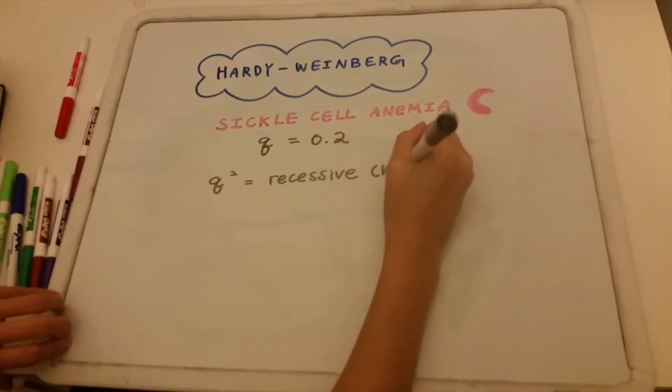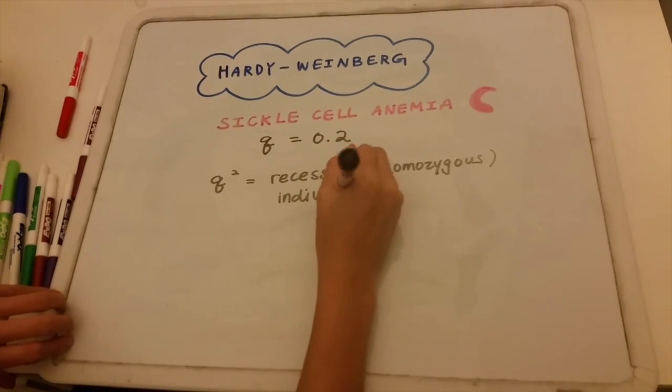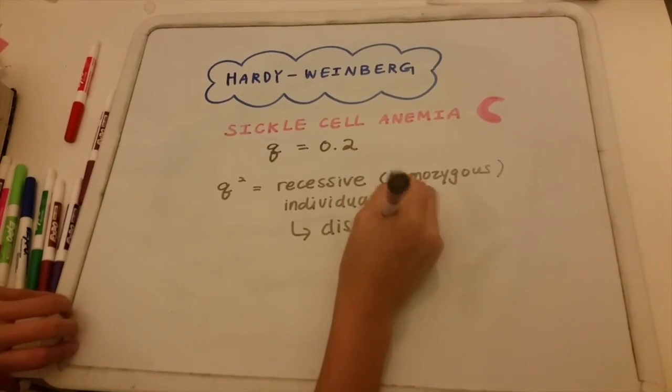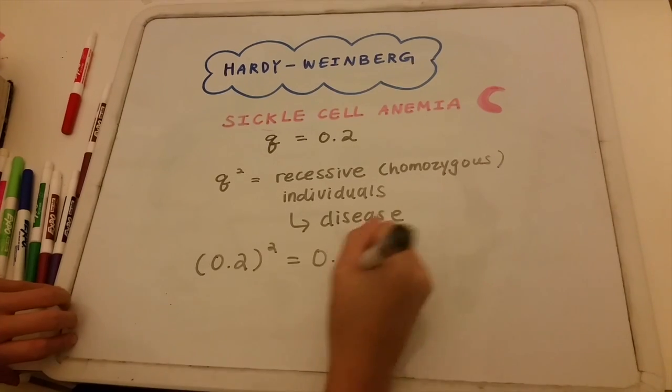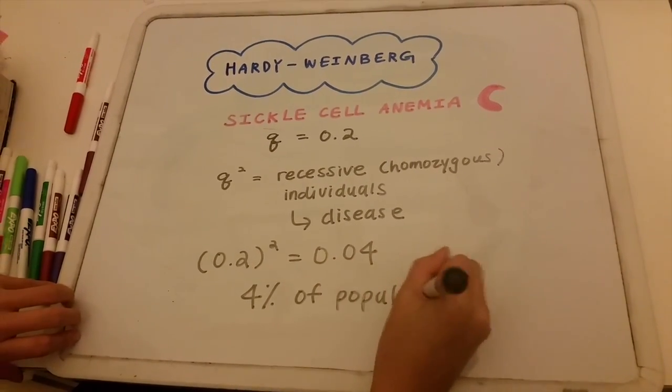Since q squared equals the number of homozygous recessive individuals, 0.2 squared will give us the percentage of the population that has the disease. Therefore, 4% is the answer.